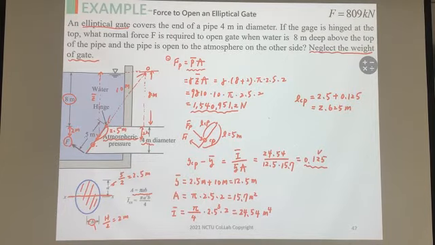As I mentioned, we need to make the moment balance.